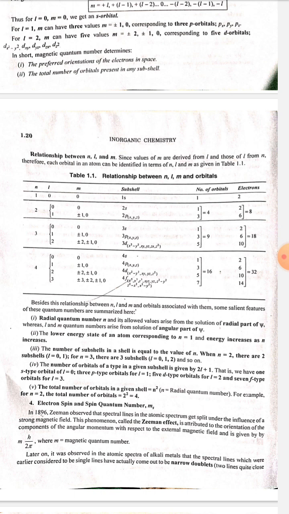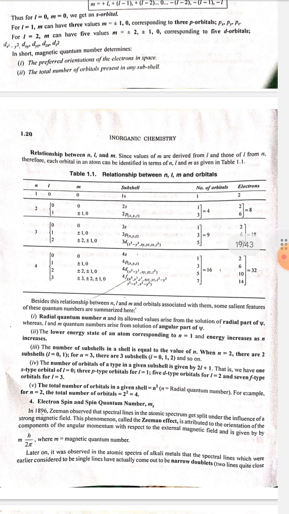Number 4: the number of orbitals of a type in a given subshell is given by 2l plus 1. That is, we have one s-type orbital for l equal to 0, three p-type orbitals for l equal to 1, five d-type orbitals for l equal to 2, and seven f-type orbitals for l equal to 3.